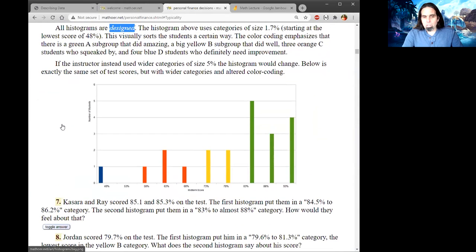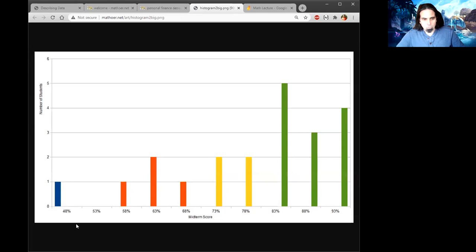If we used a wider size bin, now this is exactly the same data set, but we're going by 5%. So we start at 48 and add 5 and get to 53. We start at 53 and add 5 and get to 58, and so on.